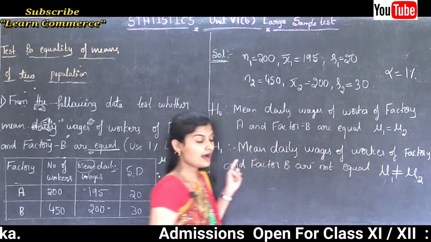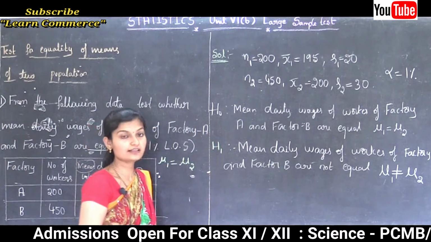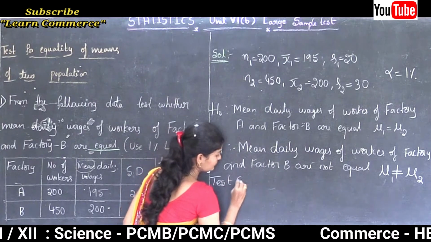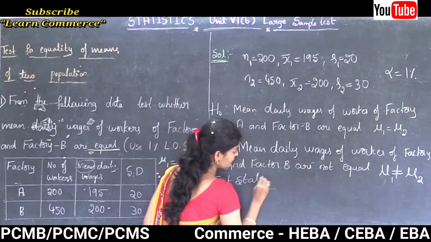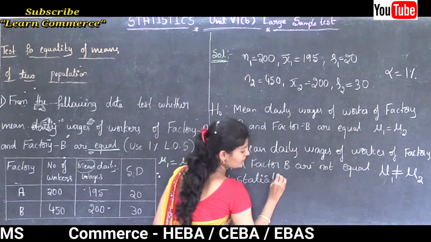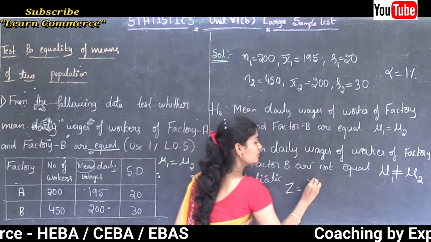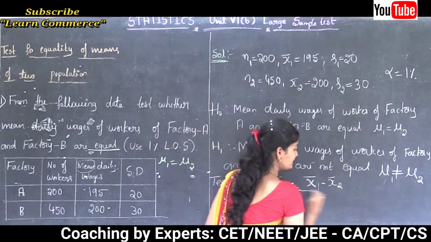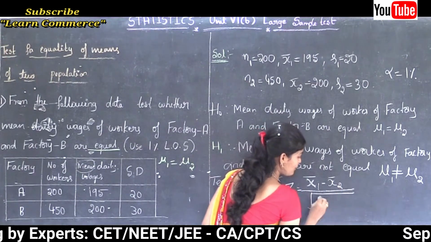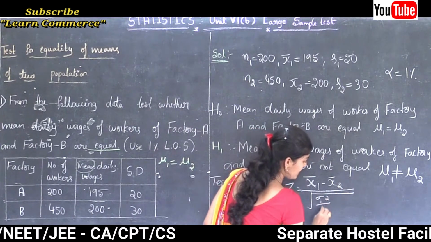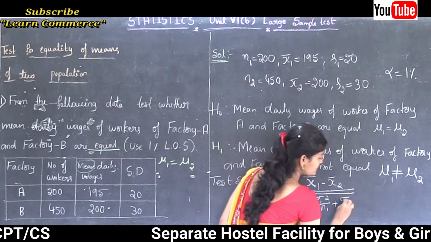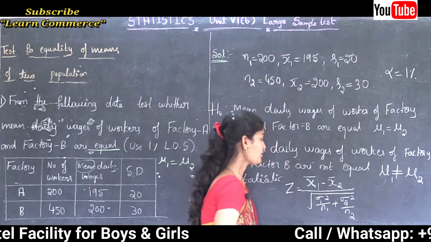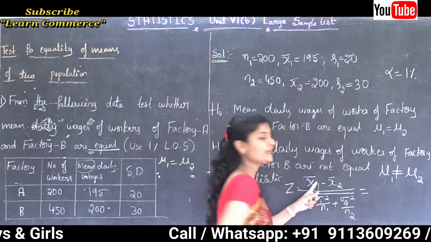This is the alternative hypothesis. Next, the test statistic: Z is equal to x bar 1 minus x bar 2 divided by the square root of sigma 1 square divided by n1 plus sigma 2 square divided by n2. What is x bar 1?